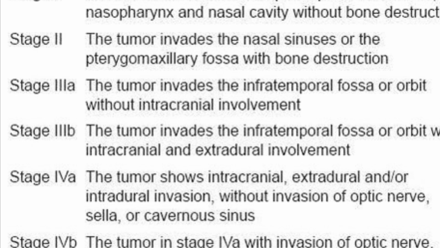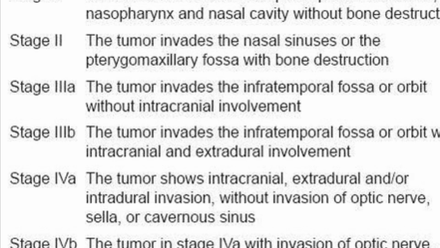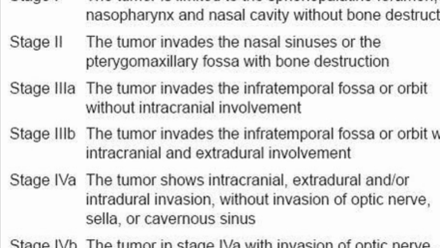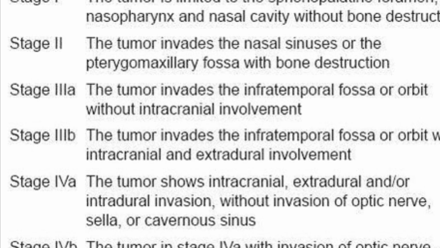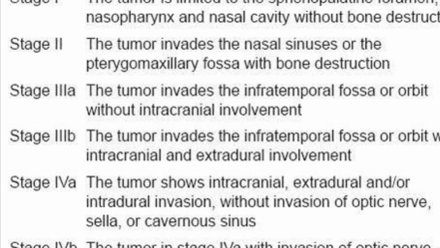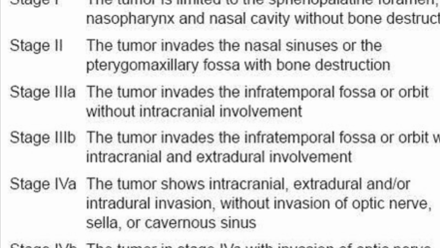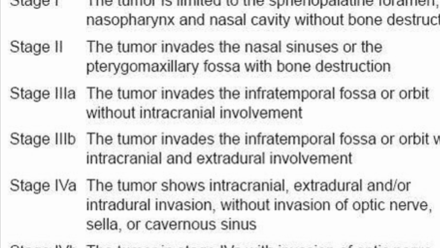Simply you can say: nasal cavity is stage 1, stage 2 is the sinus and sphenopalatine fossa. Stage 3A is ITF without intracranial extension. Stage 3B is ITF with extradural extension. Stage 4 is intracranial intradural but not involving the cavernous sinus.